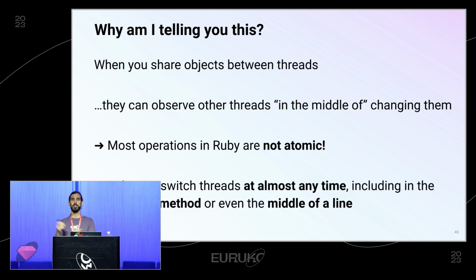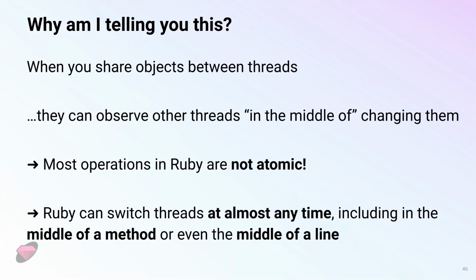And this might be surprising to you, but Ruby can switch threads at almost any time, including in the middle of a method or in the middle of a line. So if you write something to a variable and then something to another variable in the same method, it's possible for a different thread to observe only half of it. This is something that you need to be on the lookout for.